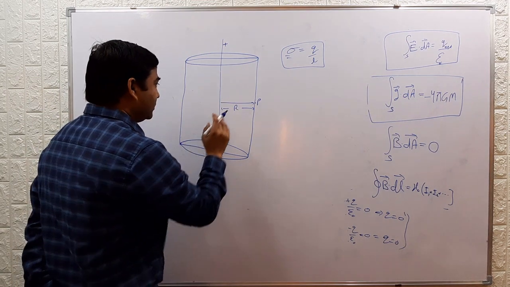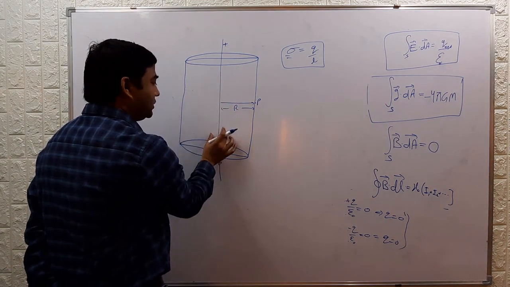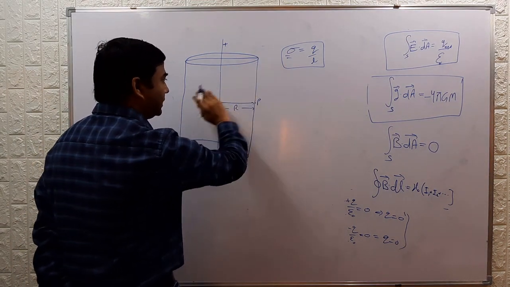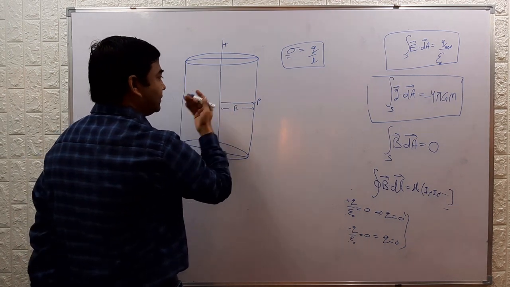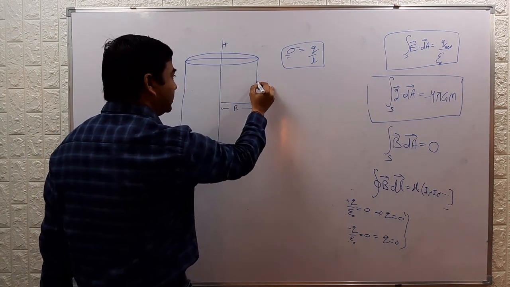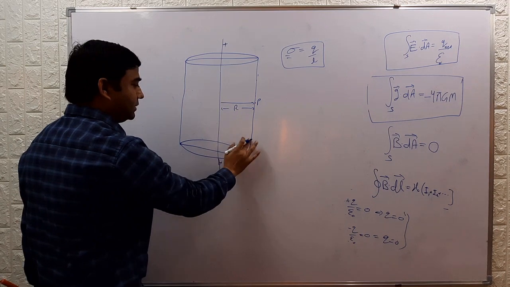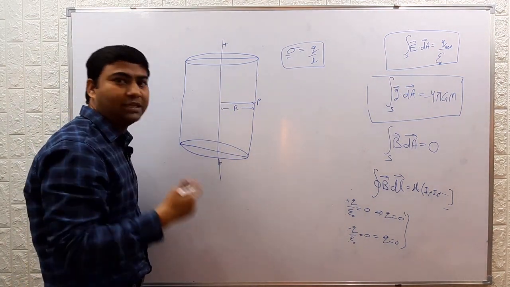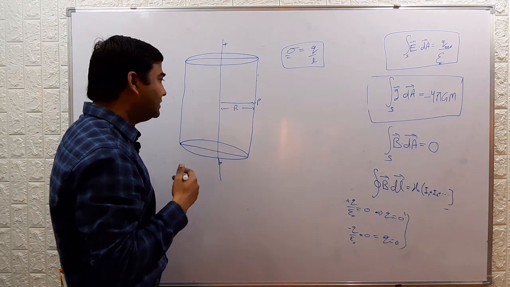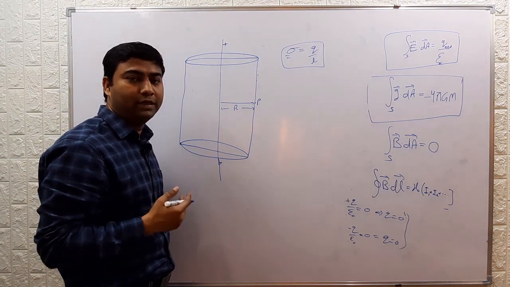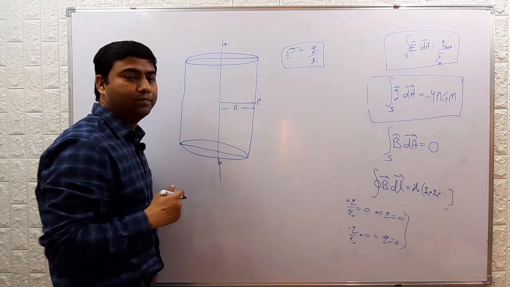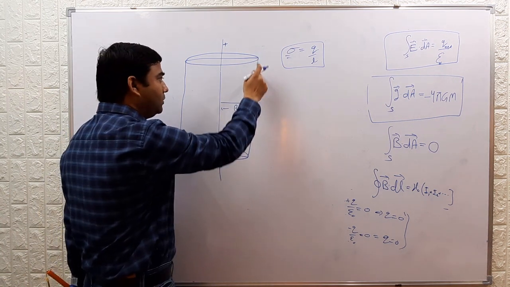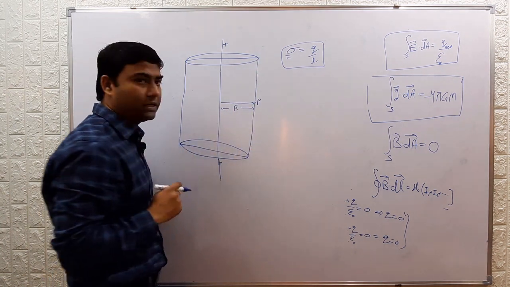Now we know the wire is positively charged, and this is the curved area of the surface. All these points on the curved area are at the same distance from the wire, so these points are symmetric. Hence the magnitude of the electric field will be the same by symmetry at all points on this surface.